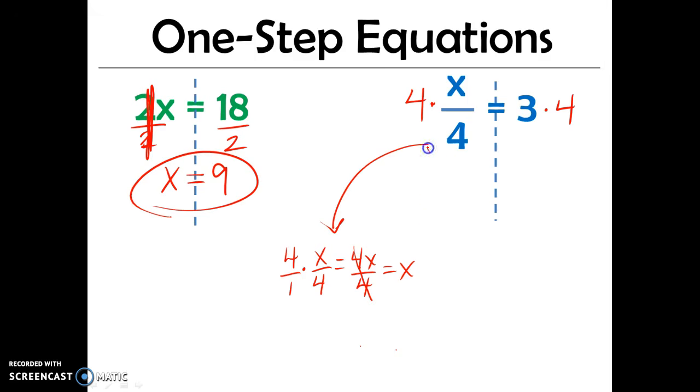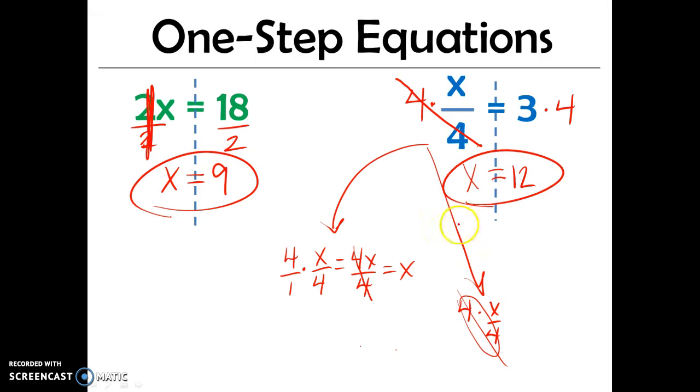Another way you could look at it would be, well, 4 times x over 4. Well, I know that 4 divided by 4, before I even put those together, I know that those together make 1, so they can cross out. So if I look back up the original equation, I don't have to do anything, really, except just go ahead and cross out those 4's, because 1 is on top and 1 is on the bottom. So that leaves me with just x equals 12.